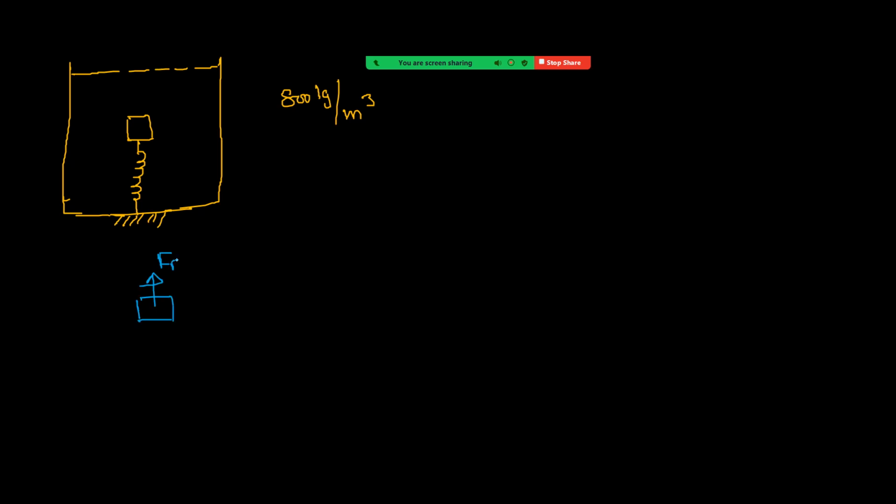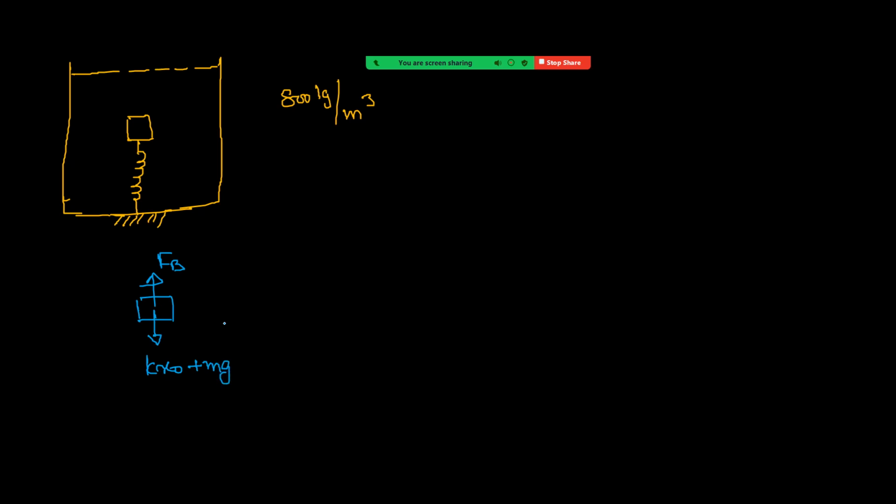Force of buoyancy is upwards. Since buoyancy force is dominating, the spring has elongation. So here the spring force is downwards, suppose the elongation is x naught, plus mg again downwards.